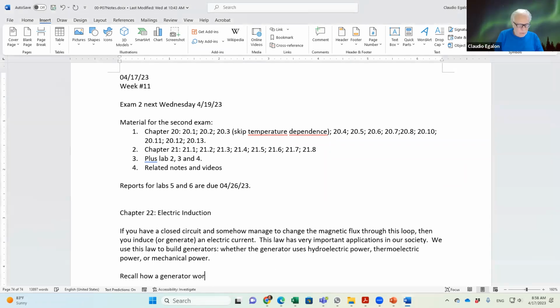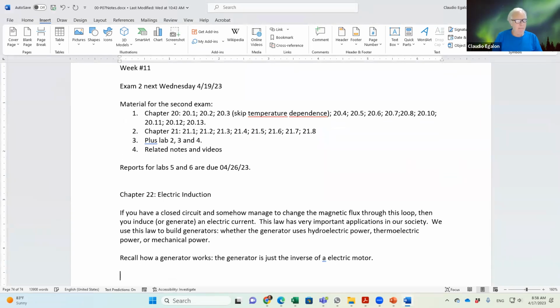Recall how a generator works. The generator is just the inverse of an electric motor.